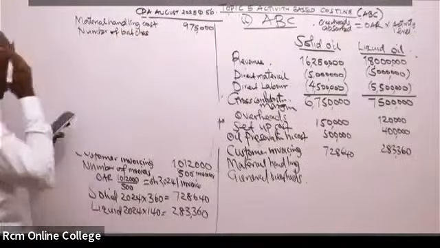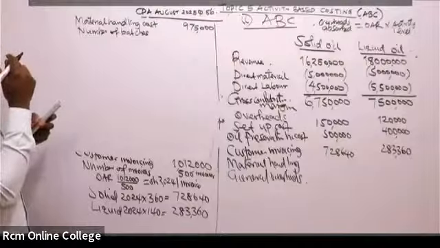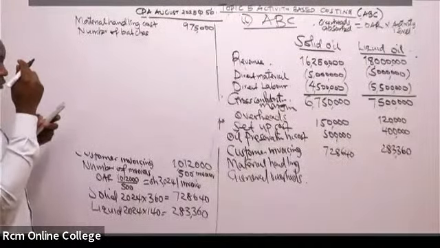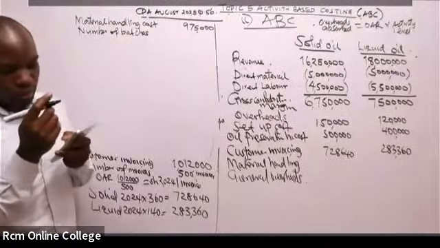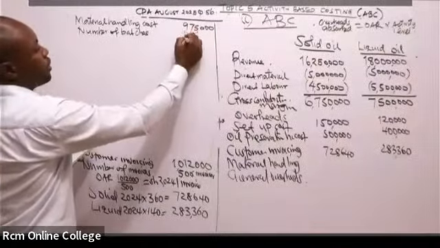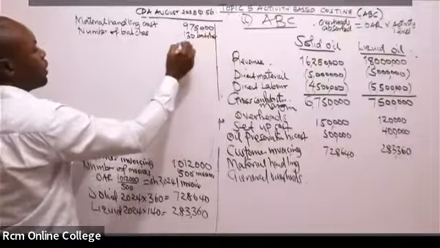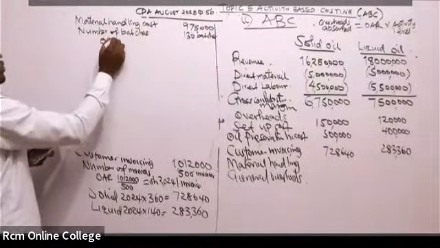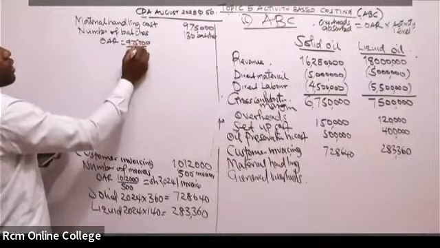Number of batches. We have 50, 80, that will be 130. Yes, so that will be 130 batches. So with 130 batches, overhead absorption rate is equal to 975,000 divided by 130.